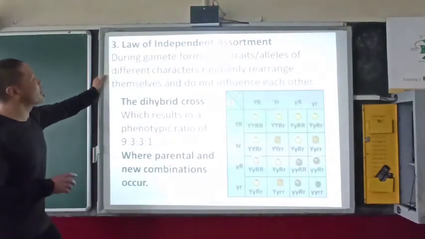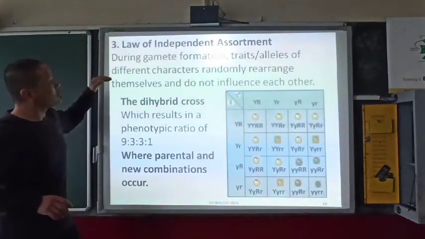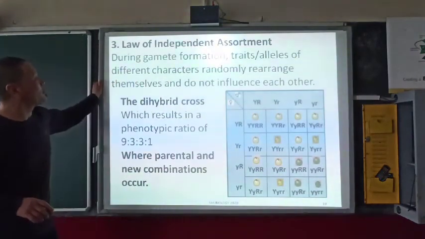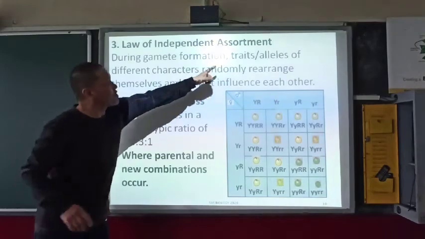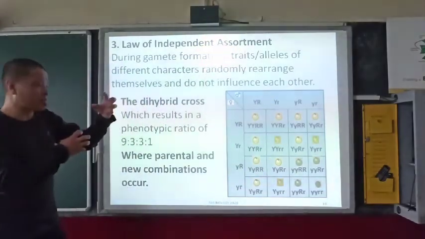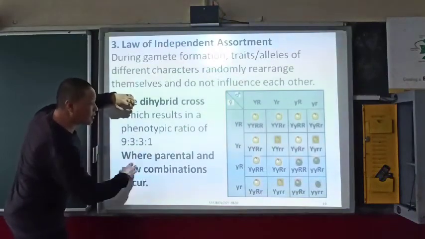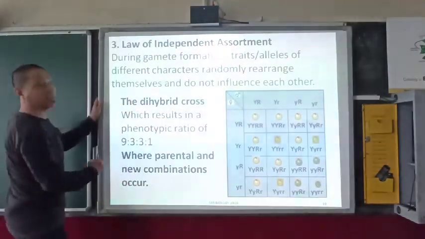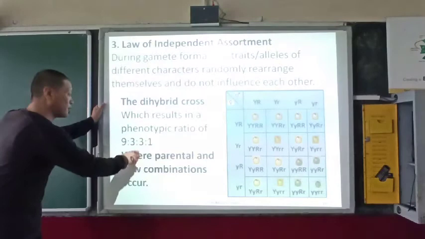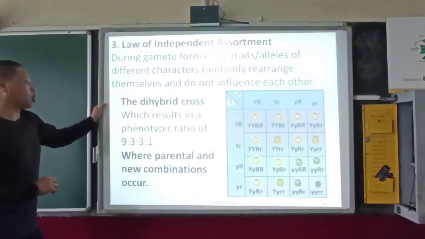So this proves that during the formation of gametes, all these traits assort themselves not just on 1 chromosome, but they assort themselves in different chromosomes randomly. They pick any of the 2 available chromosomes.